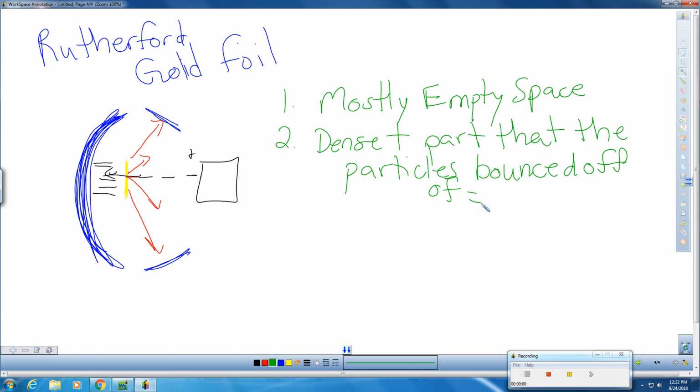Since these were positive particles being shot out by the machine, if we take a positive and a positive and put them close by each other, we know that they are going to repel. So these positive parts that are getting shot out to the side and bouncing off must be hitting a positive part of the gold foil, which he then said was the nucleus.